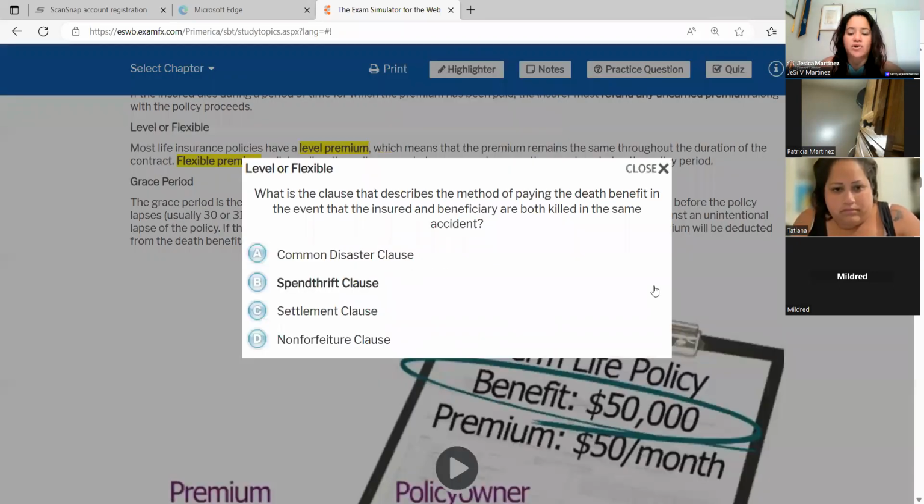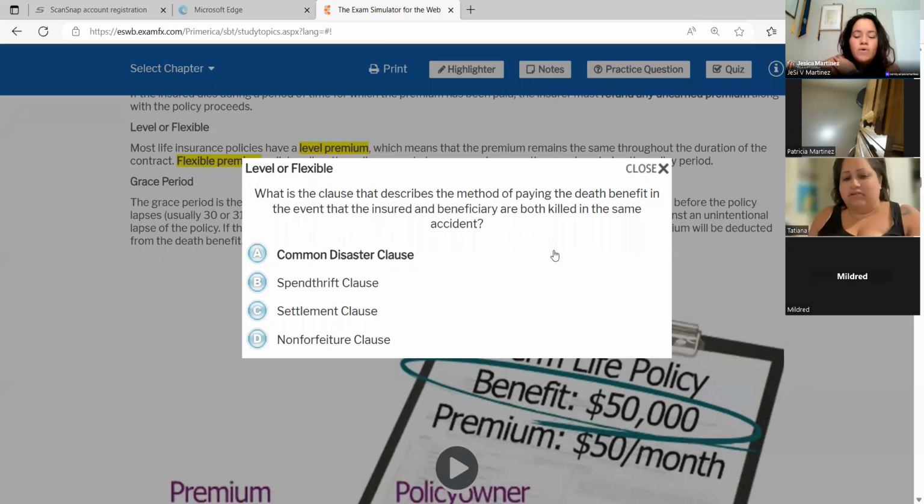What is a clause that describes the method of paying the death benefit in the event that the insured and beneficiary are both killed in the same accident? Common disaster clause? We have common disaster clause, spendthrift clause, settlement clause, and non-forfeiture clause.